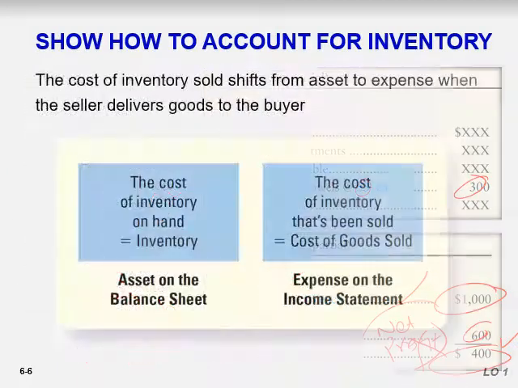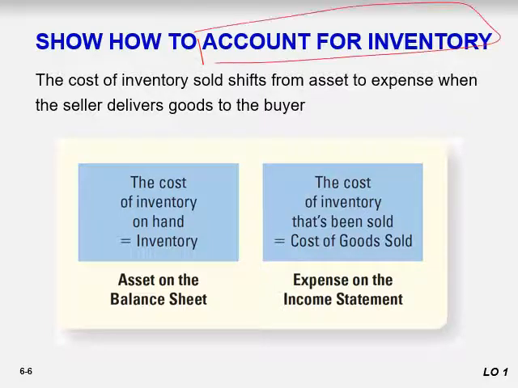Let's go further. Now moving towards our first learning objective, which is to show how to account for inventory. So here is the basic concept of how we distinguish inventory, which is an asset, from the cost of goods sold. The cost of goods sold shifts from asset to expense when the seller delivers the goods to the buyer. So we have purchased inventory, we write it in our assets, but when we sell that inventory, it is reduced.